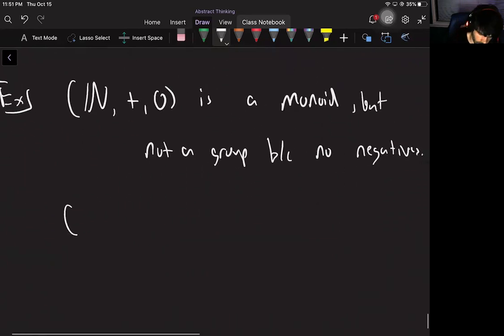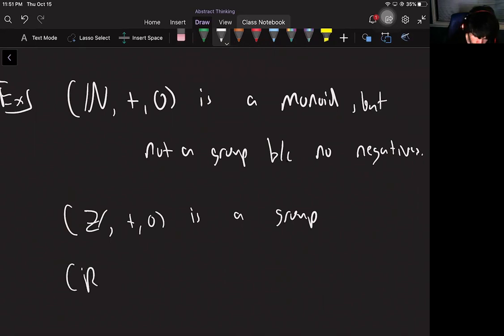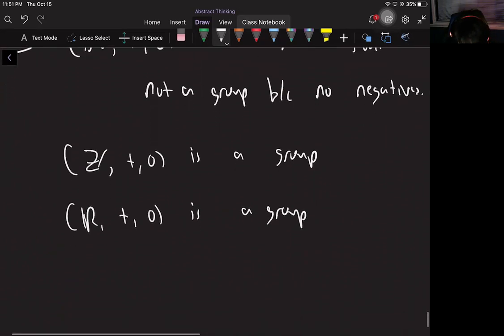But if you stick in negatives, then suddenly you get a group. And you could stick in more and it's still a group. So you could stick in rationals instead of reals and it would be the same.